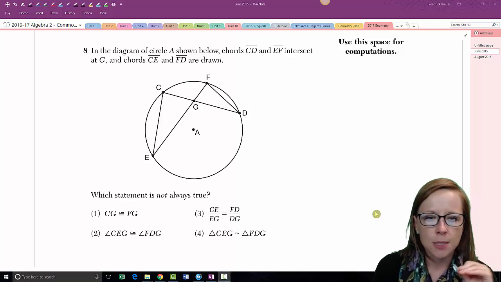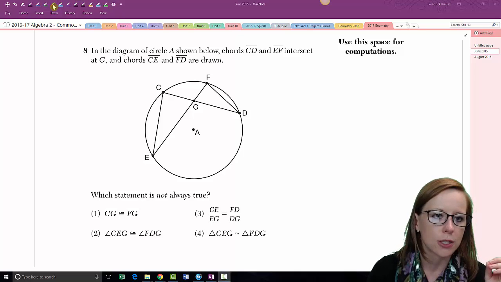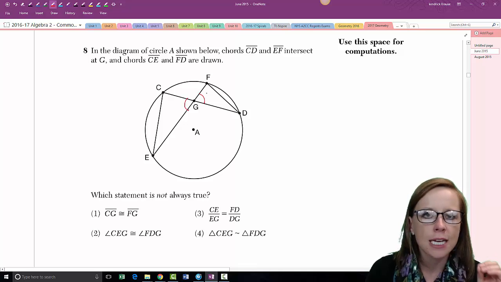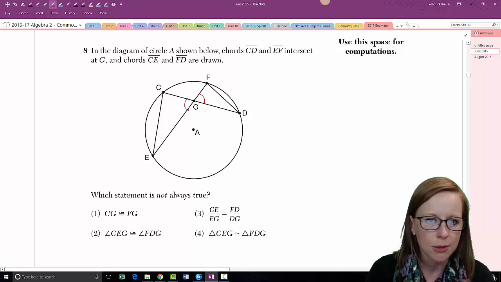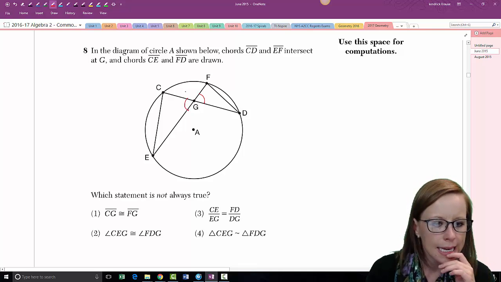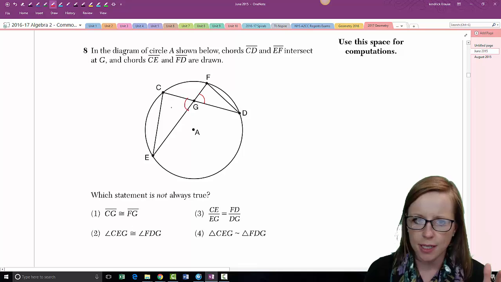So looking at these pictures, I hope that you know that anytime you see that crisscross angle business, you have to mark that vertical angles are congruent every single time. Anytime you see an X in a geometry figure, those two angles are congruent. They're vertical angles. Now, it says which statement is not always true? Well, I'm going to try to mark some things first.